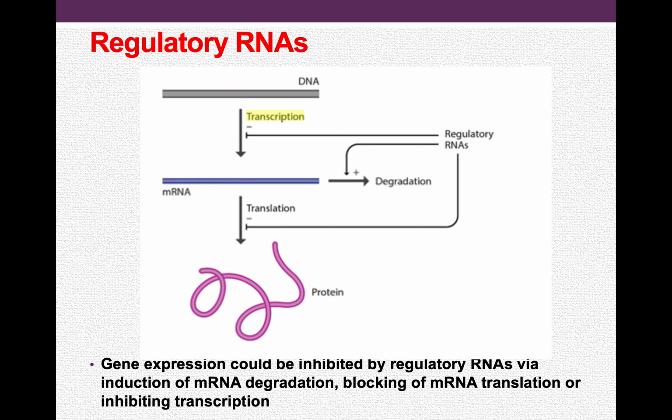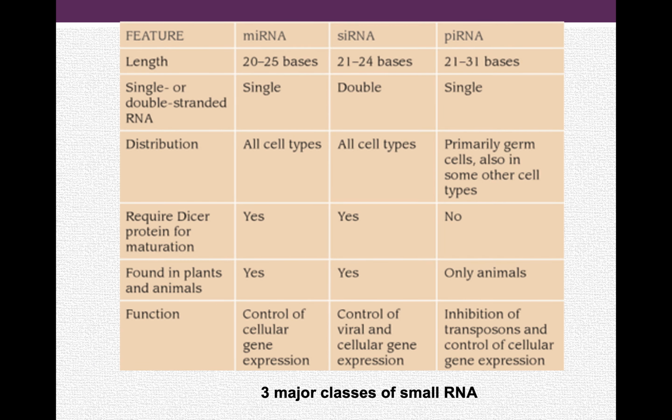Now, gene expression could be inhibited by regulatory RNAs via induction of mRNA degradation, blocking of mRNA translation, or inhibiting transcription. For each of these three RNA types, they basically have different lengths. They are either single or double stranded, and their distribution varies.